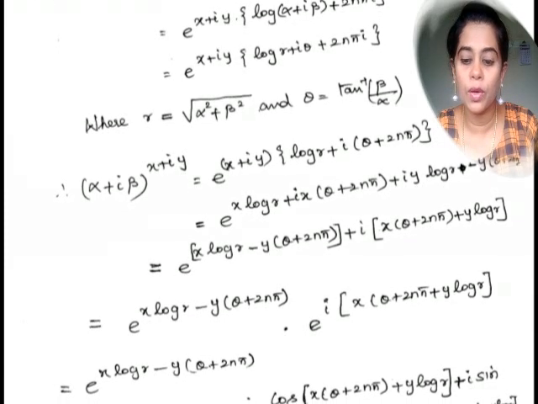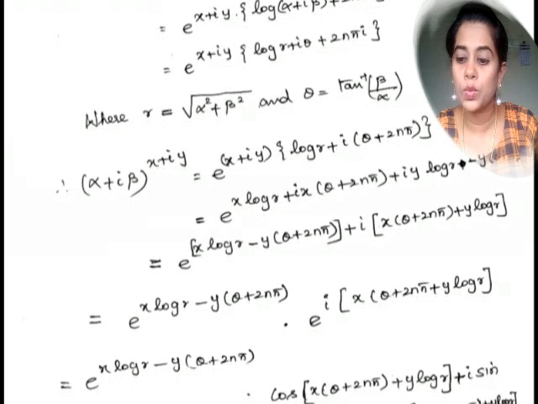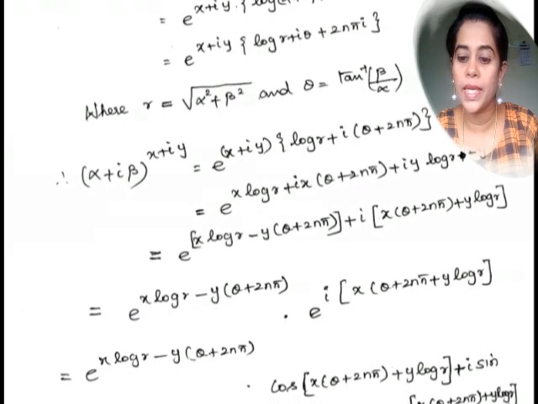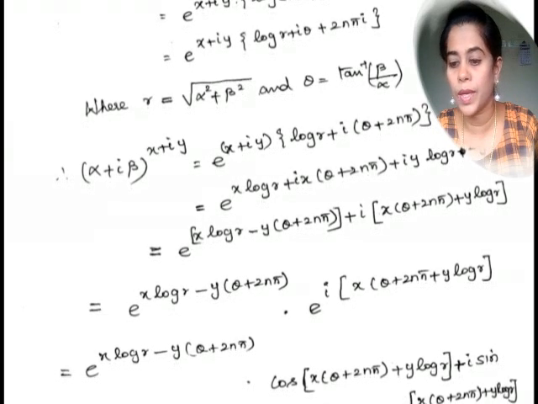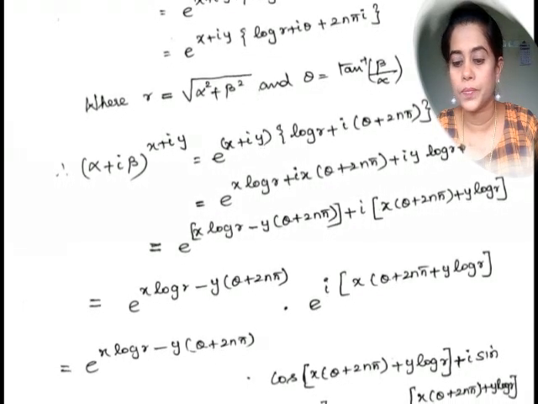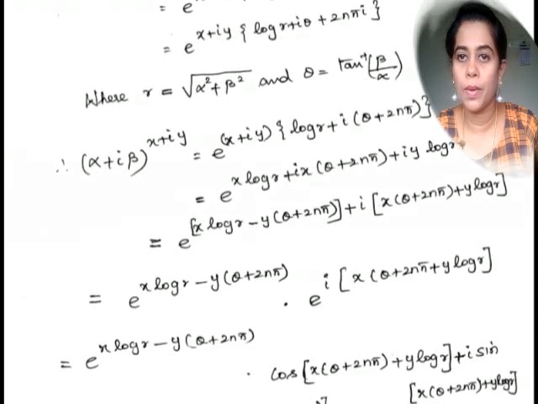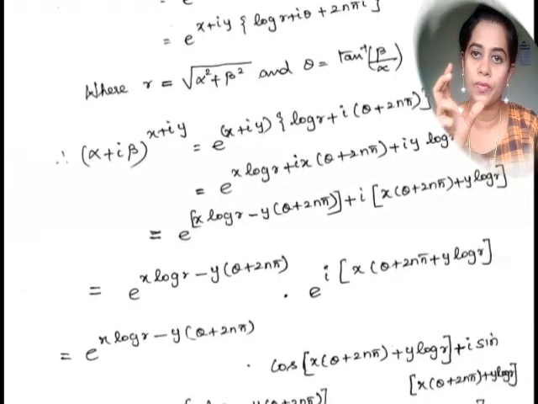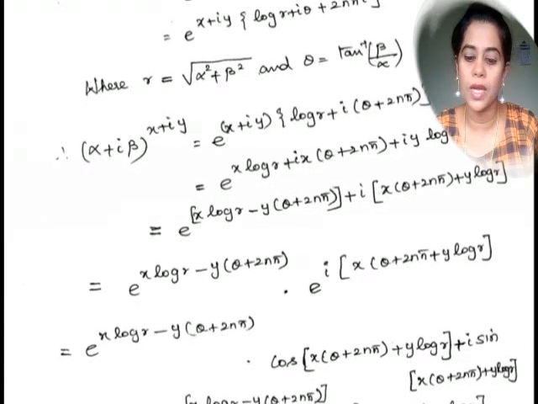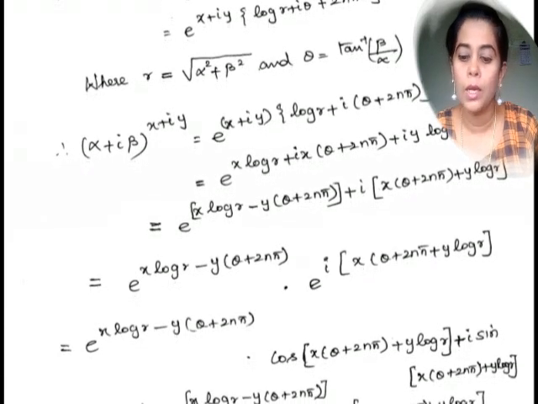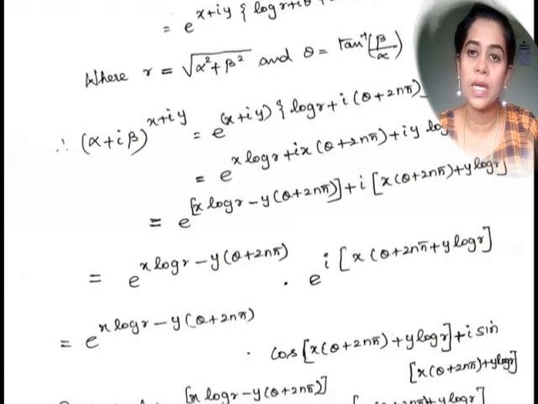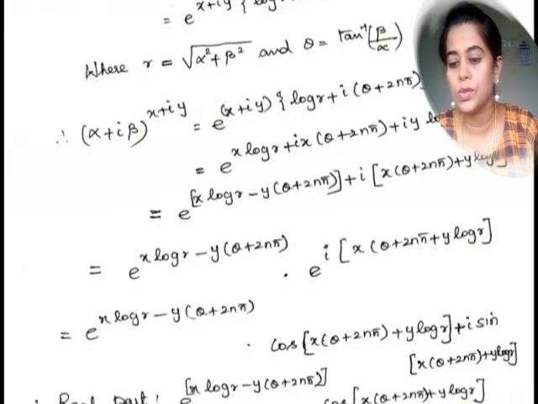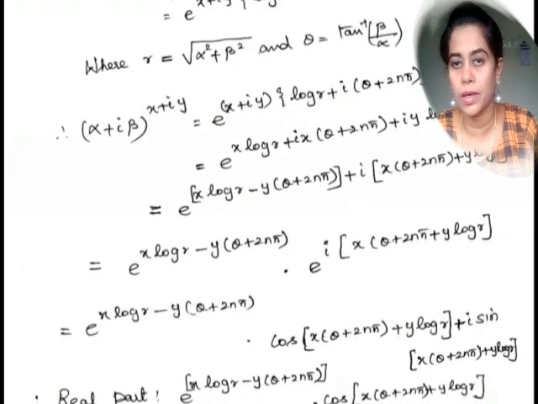It is e power of [x log r minus y times (theta plus 2n pi)] plus i times [x into (theta plus 2n pi) plus y log r]. And they are in the power. So e power of two terms can be written as e power of the first term into e power of the second term, that is e power of [x log r minus y (theta plus 2n pi)] into e power of i times [x (theta plus 2n pi) plus y log r].